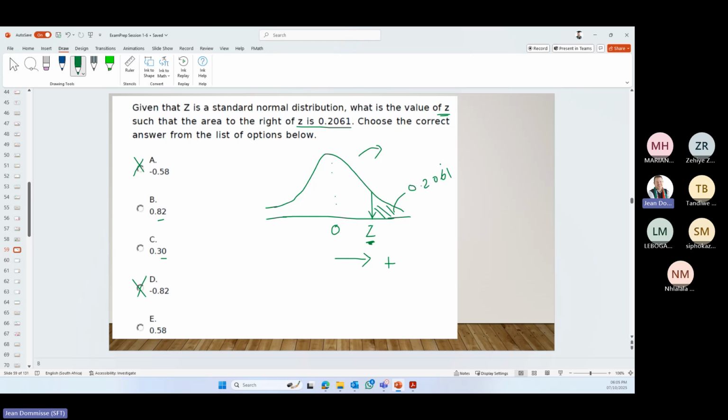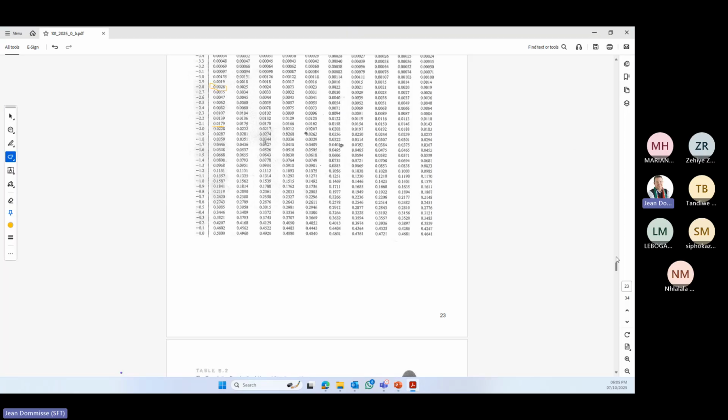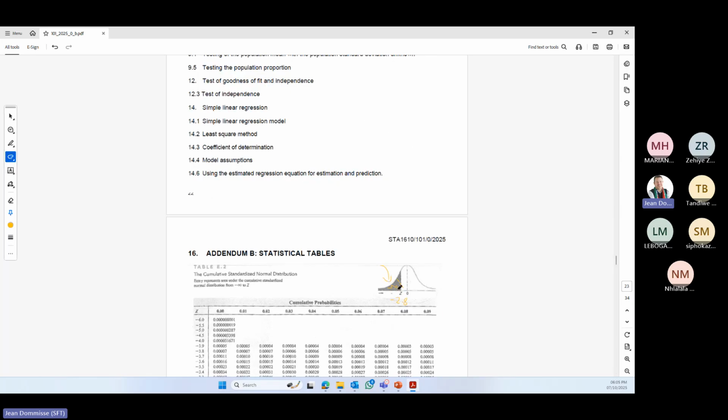Okay, but how do we get that? So I need to get the small area. So if I want to get the small area, when I look at my graphs, this is what I'm looking for with small area. So even though the small area is on this side, again, from symmetry, I know that if on this side is 0, what was it, 20 something, it will be the same on the other side.